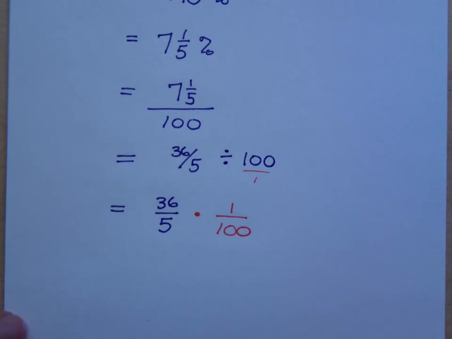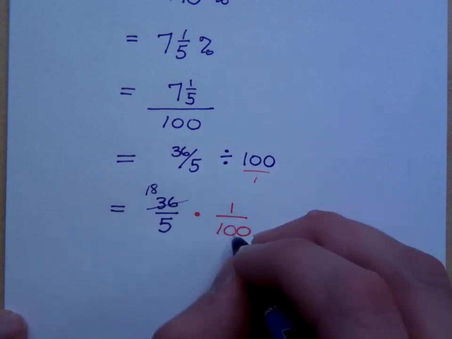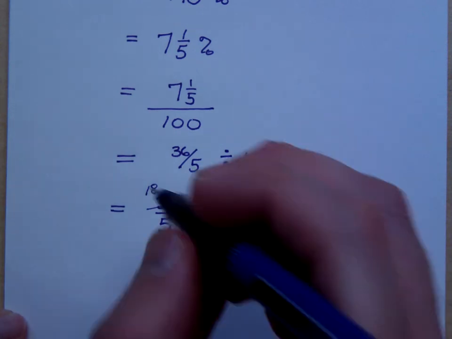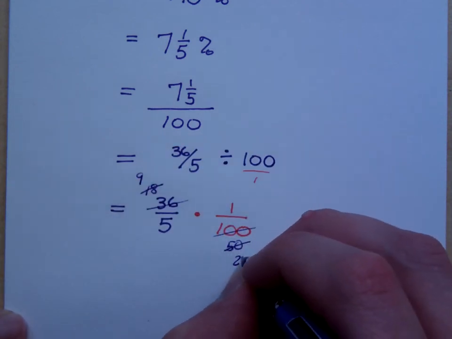Well, now I need to reduce this guy. Can I do any kind of reducing? What can you do? 2 goes in here 18 times and in here 50 times. Is there anything else I can do? I can reduce by another factor of 2, so that goes in here 9 times and in here 25 times.